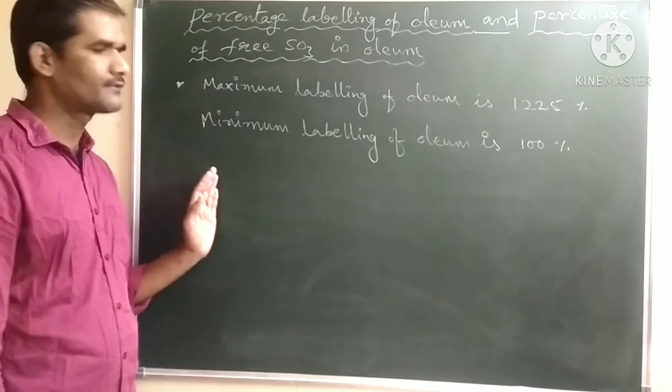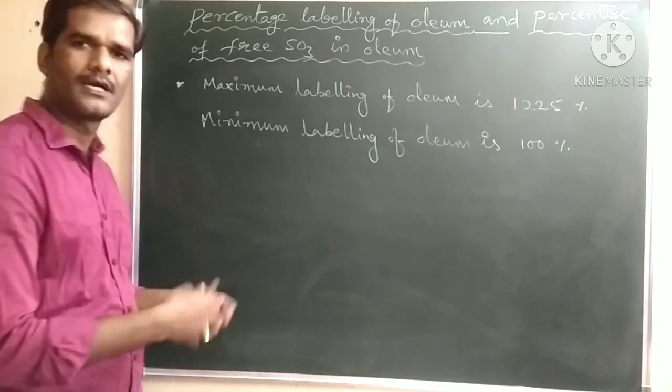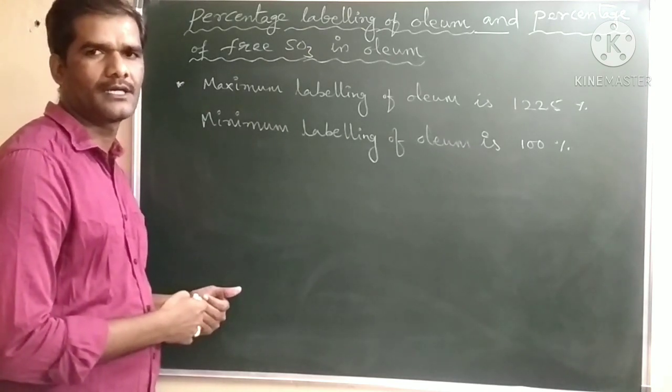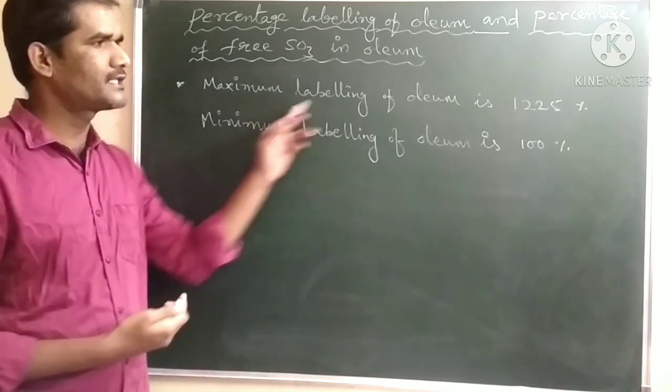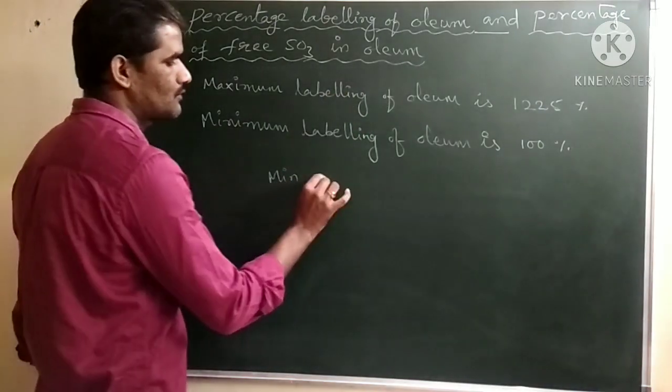Similarly, if they ask what is the maximum availability of SO3, it is 100%. What is the minimum percentage of SO3 available in 100 grams? 0.